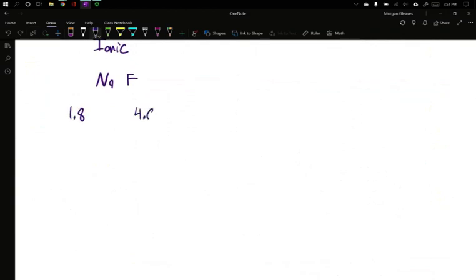I have something that has a 4.0. The difference there is about 2.2. So we would say there's a delta symbol, means difference. The difference here is 2.2. If instead you had something like carbon and hydrogen, well, carbon has a 2.5, hydrogen had a 2.1 for a difference of 0.4.